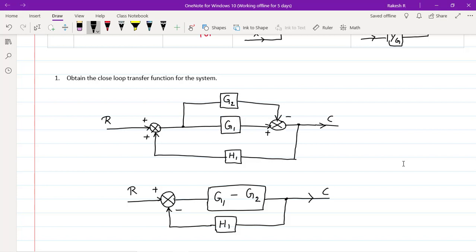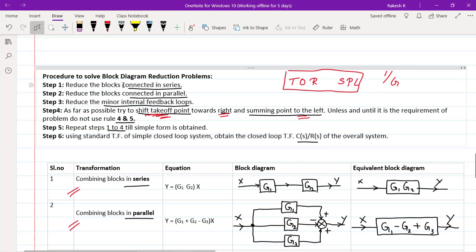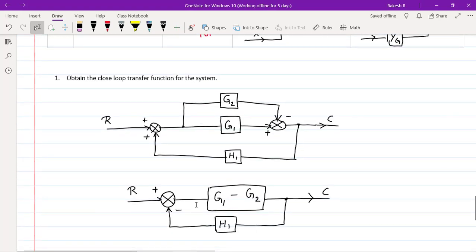Right. Now, what is the next step? This is the first step. What we have done is reduce the blocks which are in parallel. Next step, again go on to the procedure. First, reduce the blocks which are connected in series. Just check: are there any blocks in series? No, because G1 minus G2 is one block and H1 is another block. These two form a minor feedback loop. Why? We have the takeoff point and the summing point here.